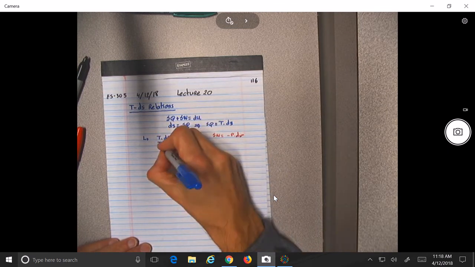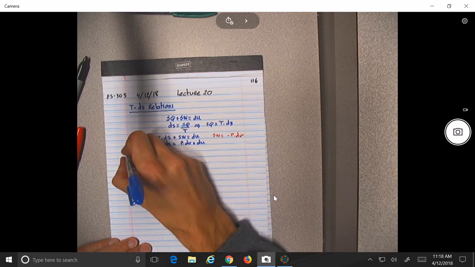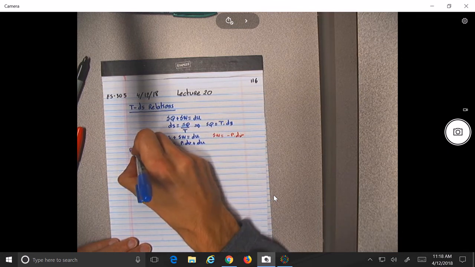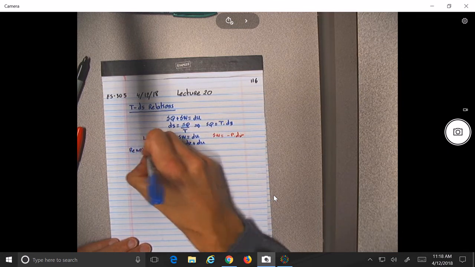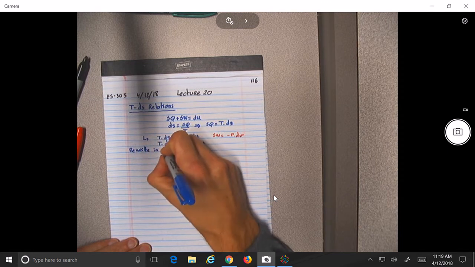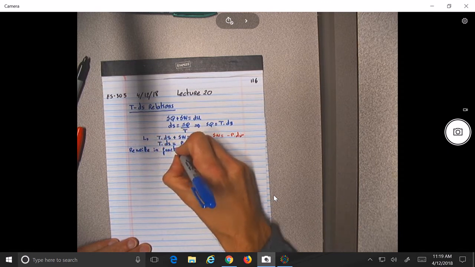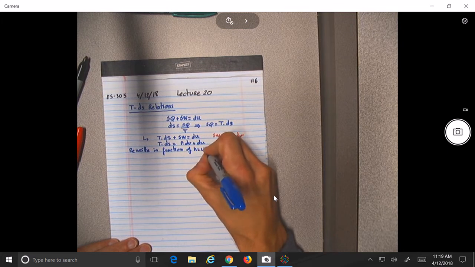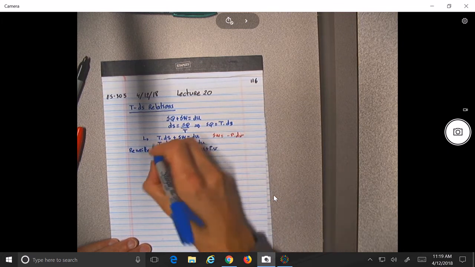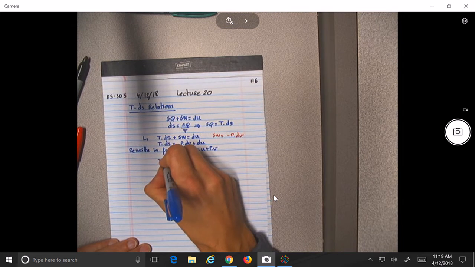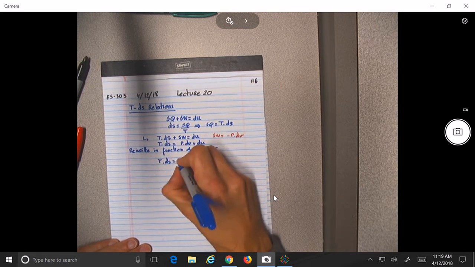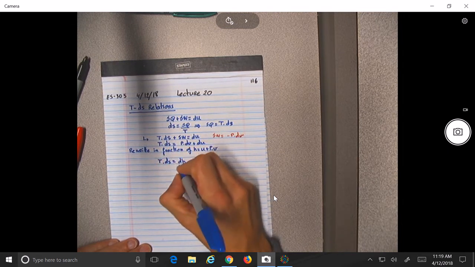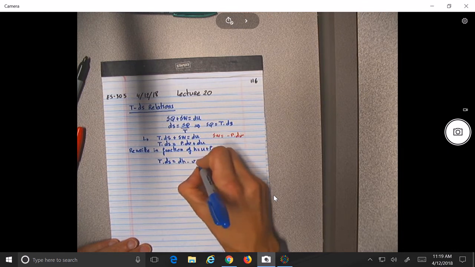And then we rewrite it in function of H, the enthalpy, U plus PV. So we ended up having the other TdS relation, that TdS was equal to dH minus VdP, yeah, minus VdP.